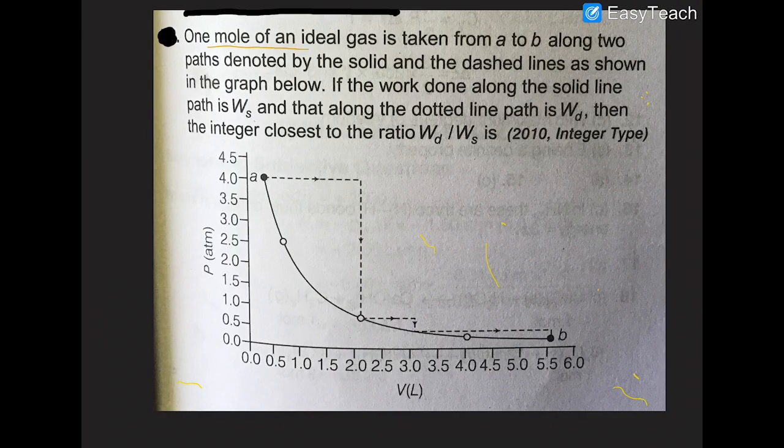Now 1 mole of an ideal gas is taken from A to B. This is A, this is B. I am repeating once more.